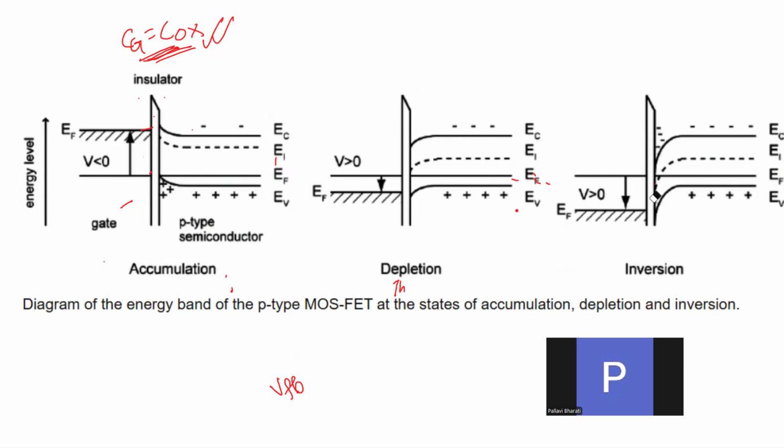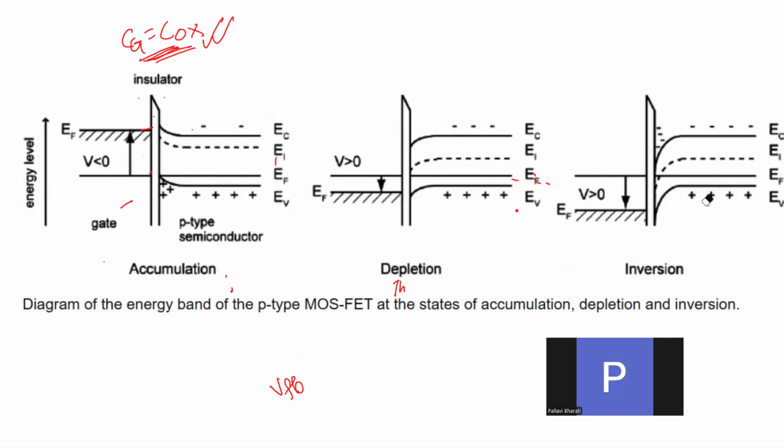The bulk portion is p-type, and the semiconductor oxide interface, the junction here, is populated with electrons, so it becomes n-type. It will become as much n-type as inside it is p-type. That is the reason for strong inversion.